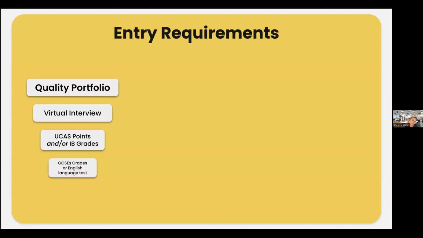And then a common theme amongst all of the universities is, even though it's a creative pathway and they want a portfolio and they want to interview you, they want to make sure that you have English language ability. So if it's a UK university, there will be a minimum GCSE grade for English language. It's usually, I'll show you the list in a second, a grade C or a grade 4 in GCSE English.